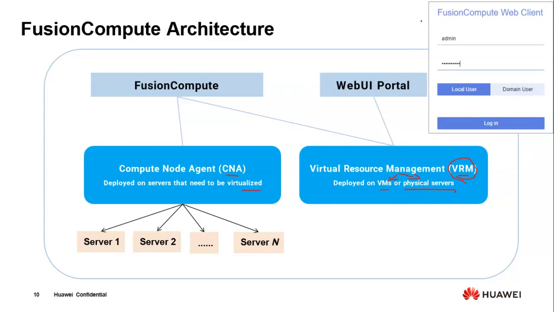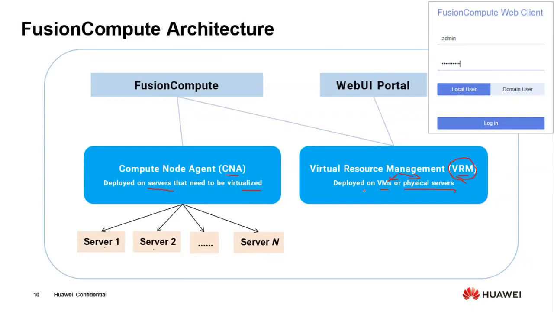So if you want to use them with Fusion Compute, you need to have access to this CNA to use the servers. Servers, not services. You can see server 1, server 2, server 3 like this. So basically it's a deployment for the servers, while this is a deployment for virtual machines. So this is the main difference.